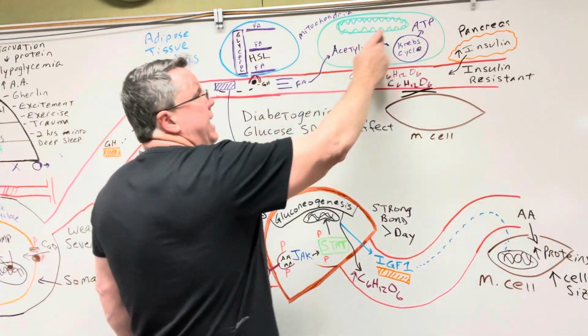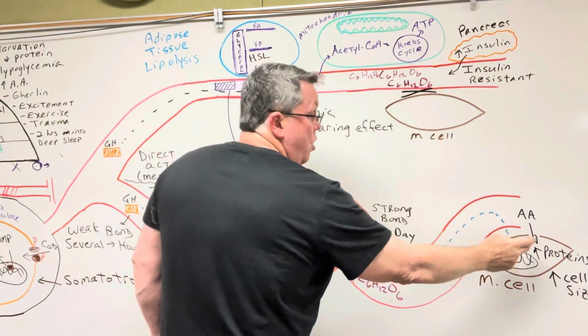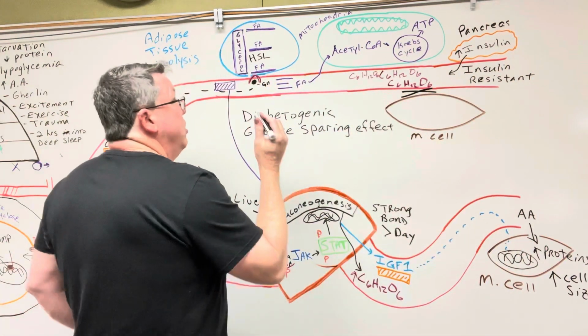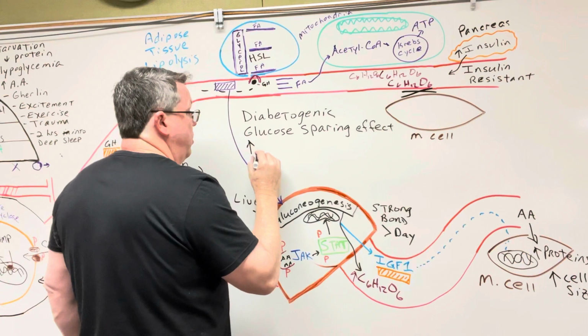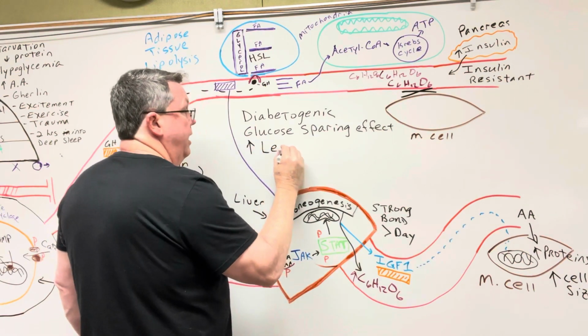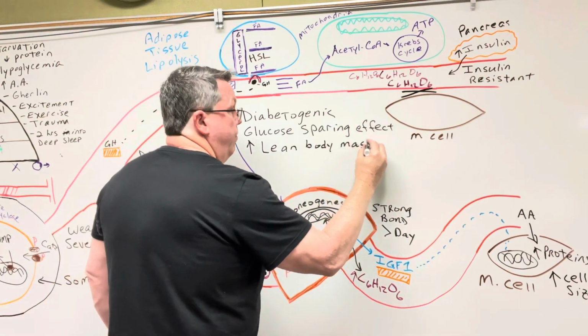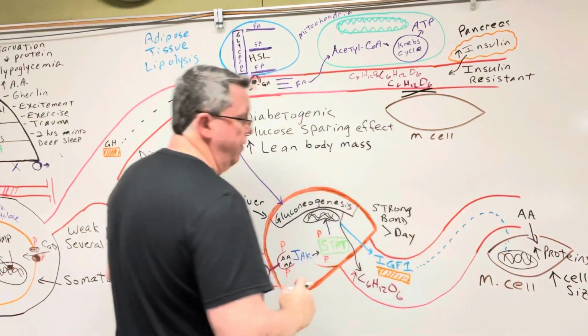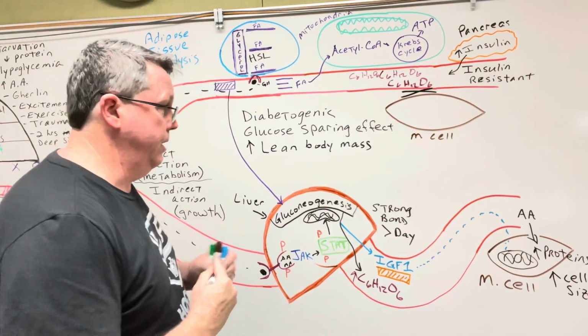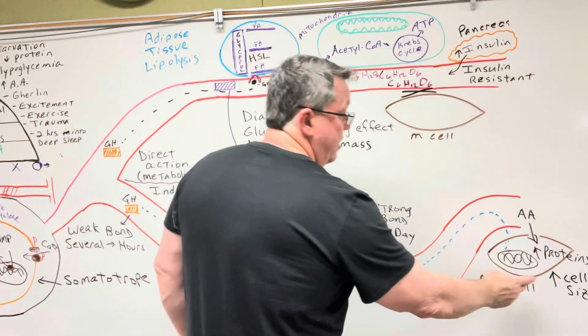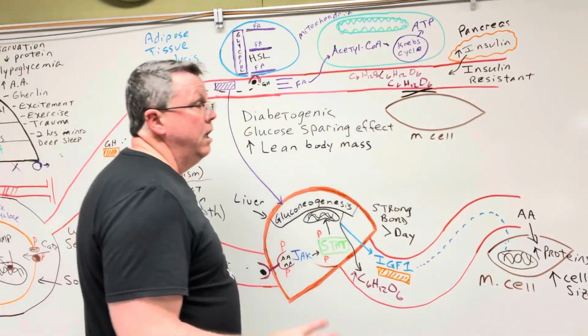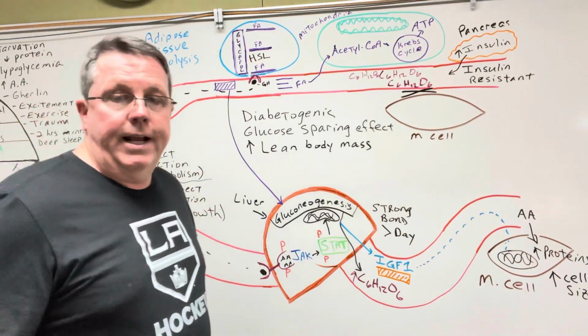We're decreasing the amount of fatty acids because we're using those for ATP. We're increasing the amount of proteins. So another thing that growth hormone will do, it'll cause an increase in lean body mass. Okay, and again, this part here is part of the indirect action, right? That's part of the indirect action because we're getting an increase in the growth, right?